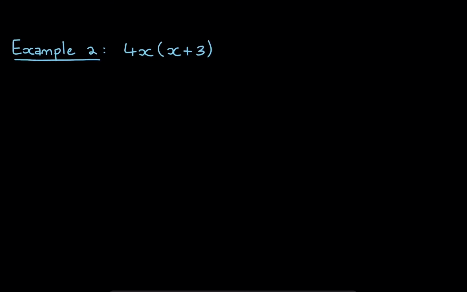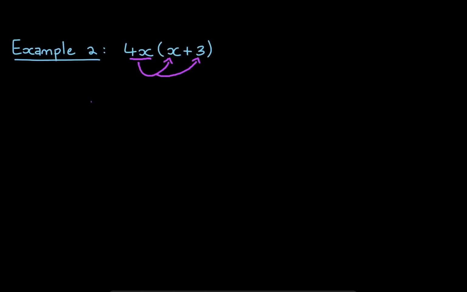Now let's look at another example. You have 4x outside the bracket and you have x plus 3 inside the bracket. The same method applies. You take the value outside the bracket and you multiply by the value inside the bracket. So you have 4x, this is one value, multiplied by x, and 4x multiplied by 3.